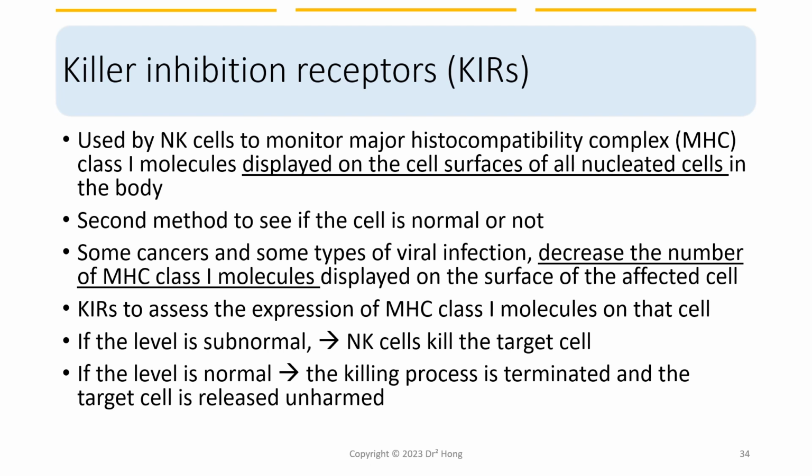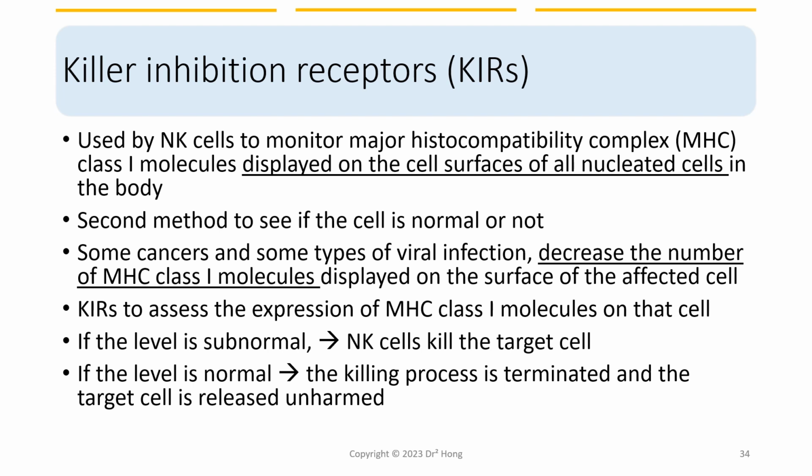Now, this is a method to see if the cell is normal or not. Now, some cancer cells and some types of viral infections actually decrease the number of MHC class 1 molecules displayed on the surface. And this abnormality can be detected or sensed by killer inhibition receptors.